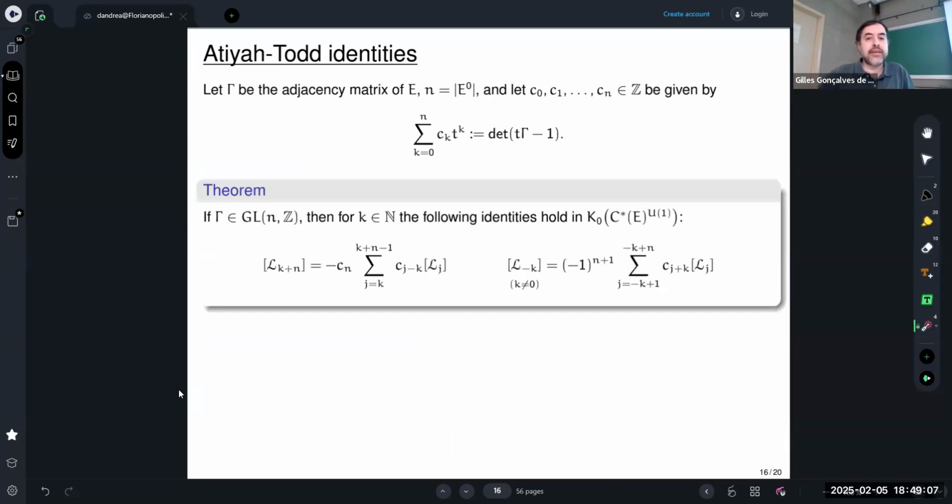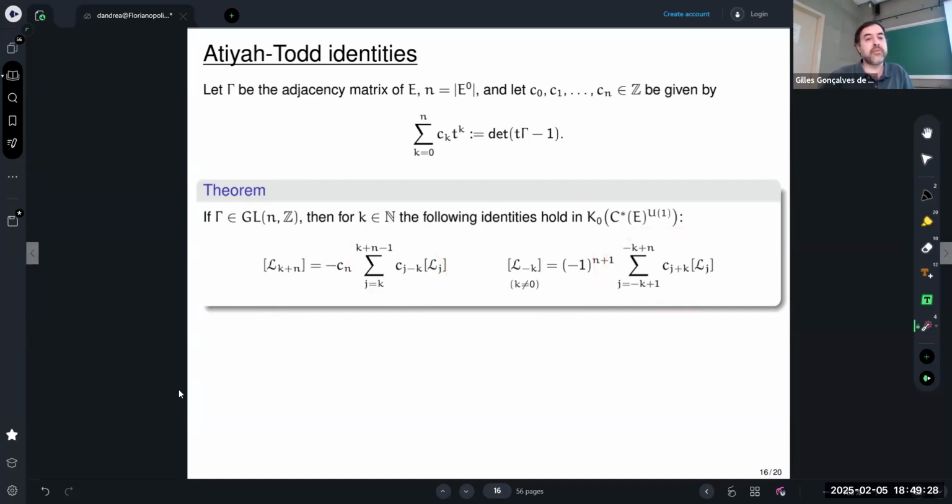Then for any graph C*-algebra, for the AF core of any of these graph C*-algebras, again under the same condition that gamma is invertible over the integers, you have a generalization of the Fibonacci identities we were talking about at the beginning, and the explicit formulas are here.